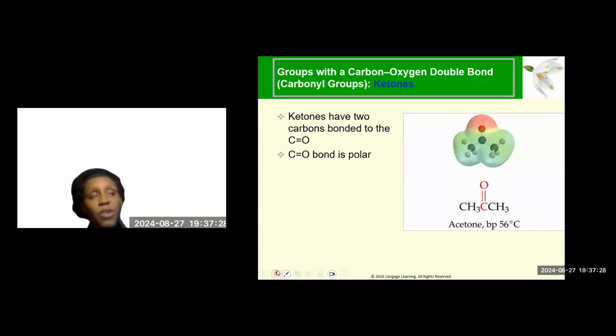All right. Next, we're going to talk about ketones. So ketones have a carbonyl that's in between two carbons. And so you have a carbonyl group, but then on both sides, you have a carbon.